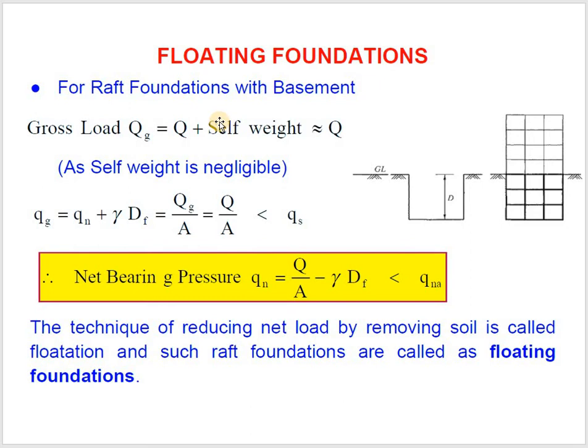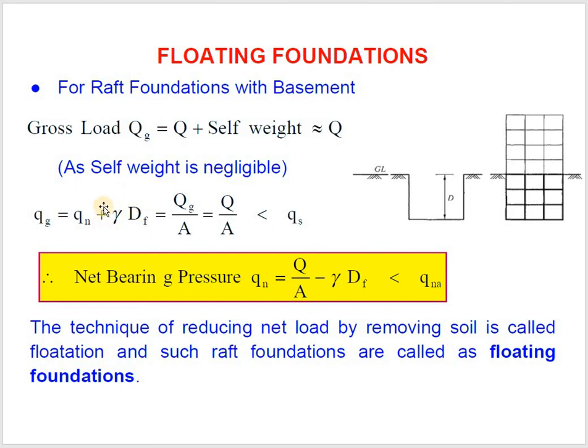So we consider only Q, the capital Q, as the gross load, that is all the load coming onto the foundation from the structure. Now we know that this Q by A, or this pressure, is equal to the gross pressure, qG. That means the gross pressure is this Q by A, which is actually the net pressure plus the surcharge due to the soil. So what is the surcharge?